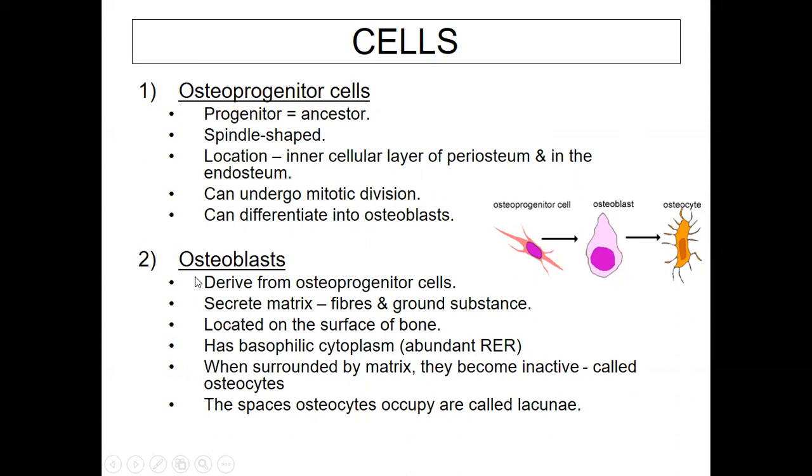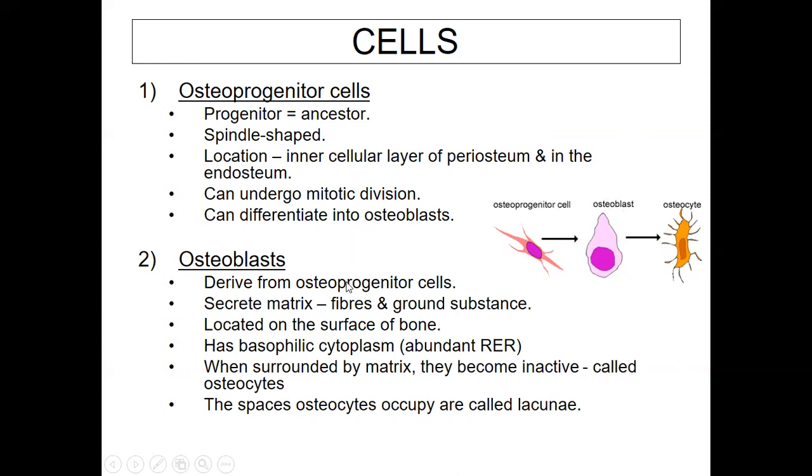The osteoblast is derived from the osteoprogenitor cell. You see here how the cell develops from the osteoprogenitor cell and becomes the osteoblast.